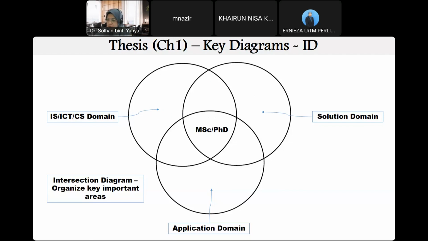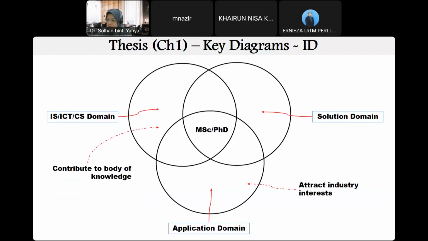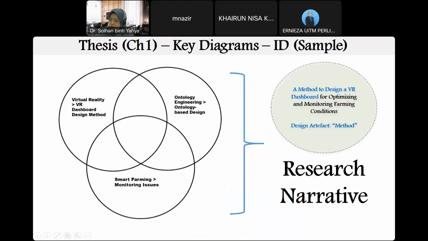This is your contribution that makes sure your PhD or master's has merit, right? So this contributes to the body of knowledge. And then the solution domain is where you bring your solution or your artifacts. And then the application domain is the context, all right? The problem coming from industry, from reality, from your business partners. This attracts industry interest. The prototype you build to demonstrate must meet or serve this application domain context, right?